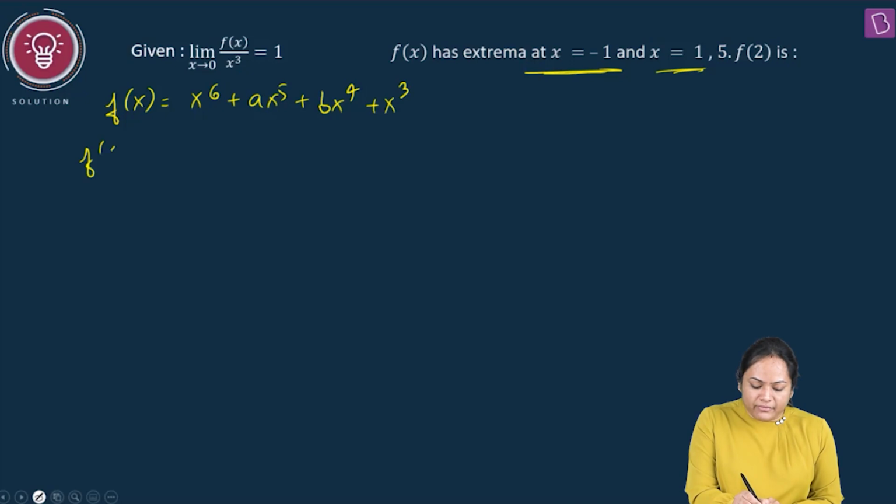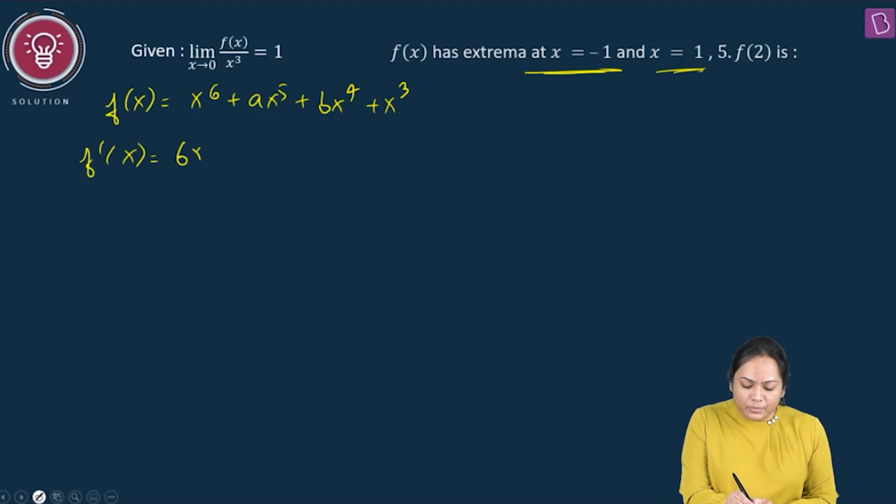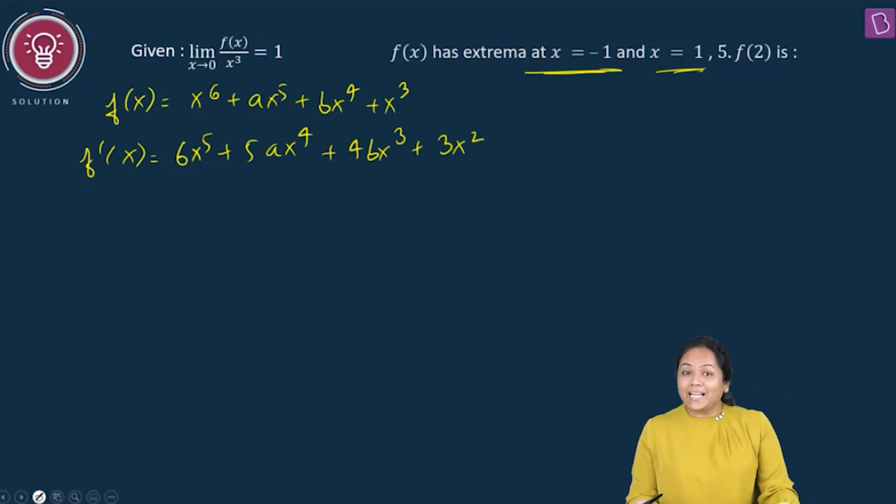So I will first find f'(x). It's going to be 6x^5 + 5a x^4 + 4b x^3 + 3x^2. And when I put the condition that when x is -1 or 1 this value is 0, I will get two equations. And from those two, I'll get the values of a and b, right?